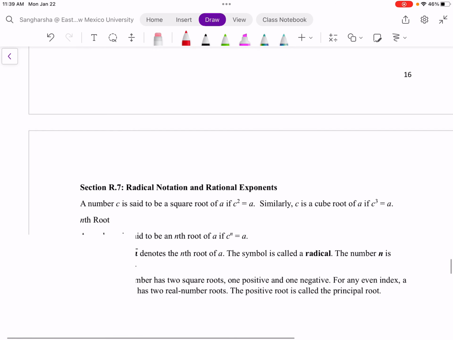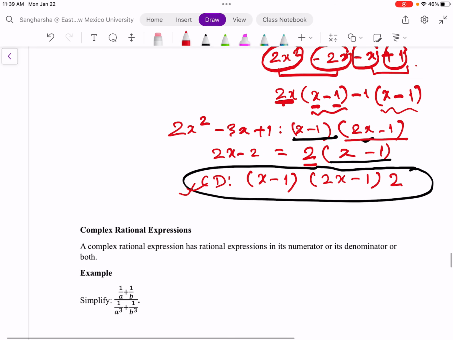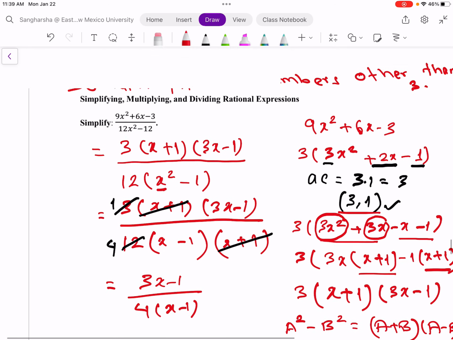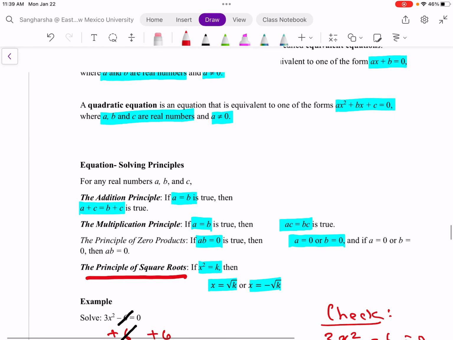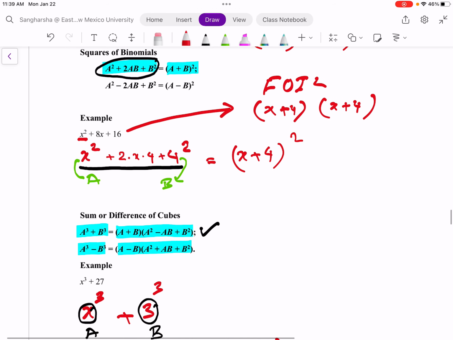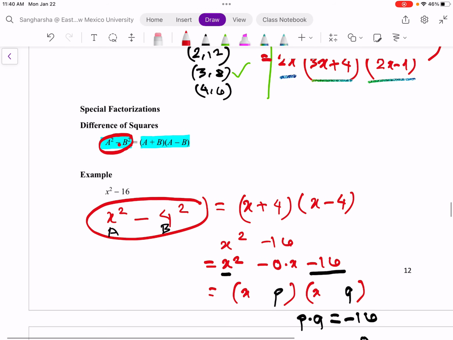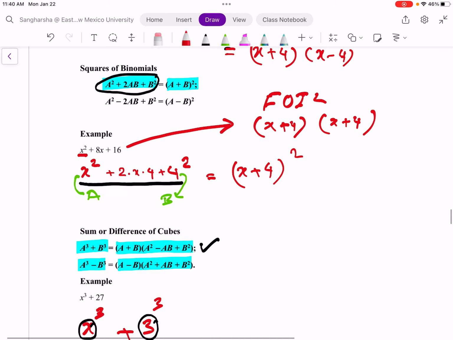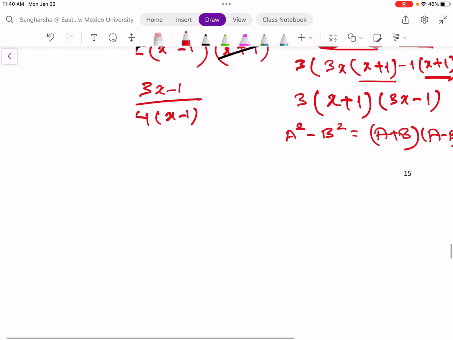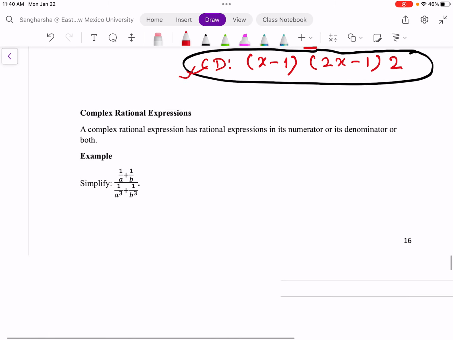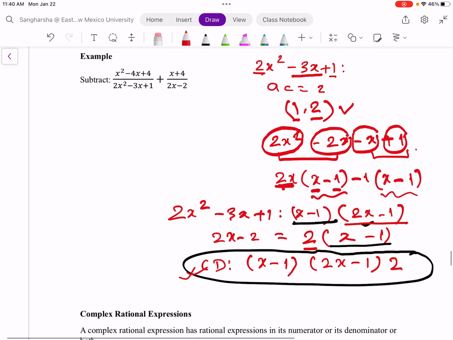So here let me take an example. Can you find the common denominator for these two expressions? This is for you. I'll give you 2 minutes. You can do it in a group.